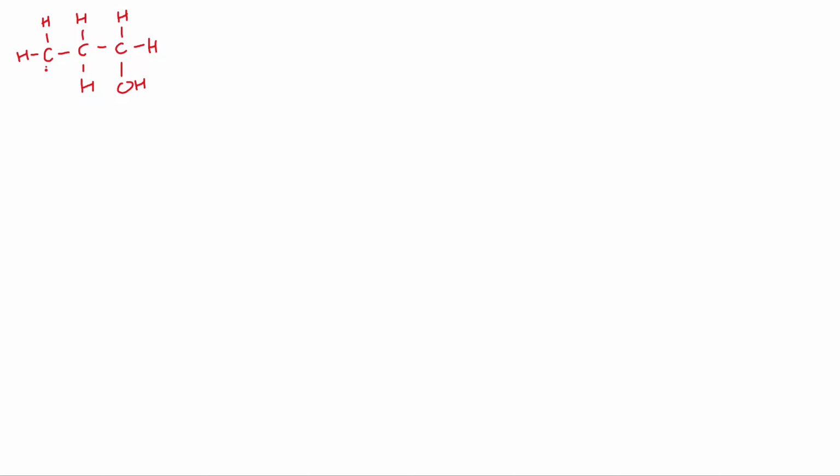And if you remember, to do this substitution reaction, we need to have the sodium halide. So in this case, it's going to be sodium chloride. And we need sulfuric acid. That is going to form the substituted product. So that's going to form this chloro product here.